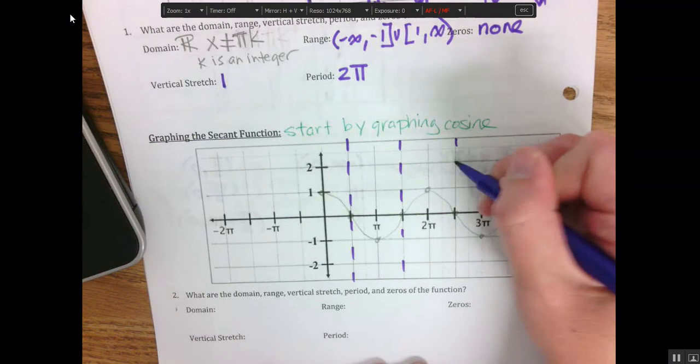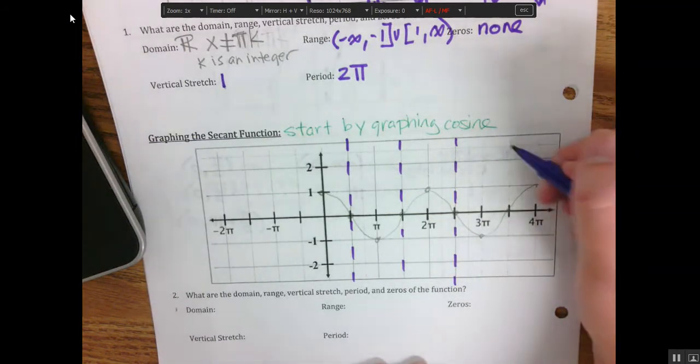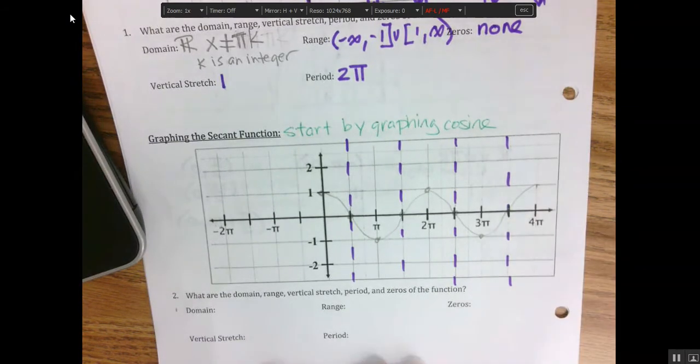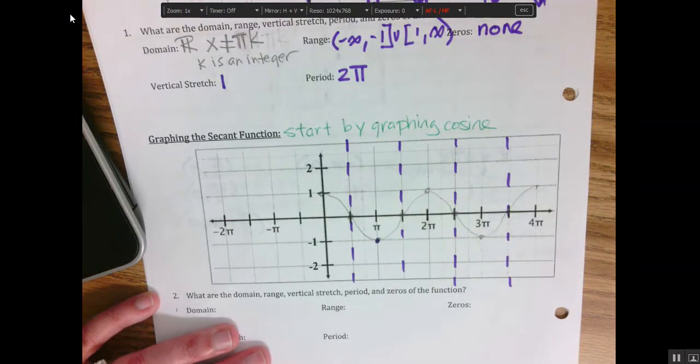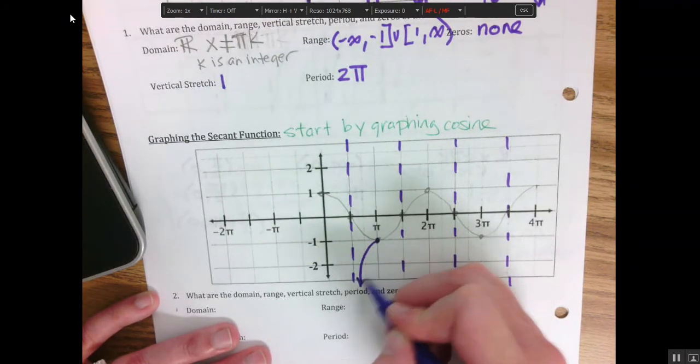Everywhere the cosine has a 0, the secant is undefined. Then you take the points, they share the same point, and you're basically flipping the curves.